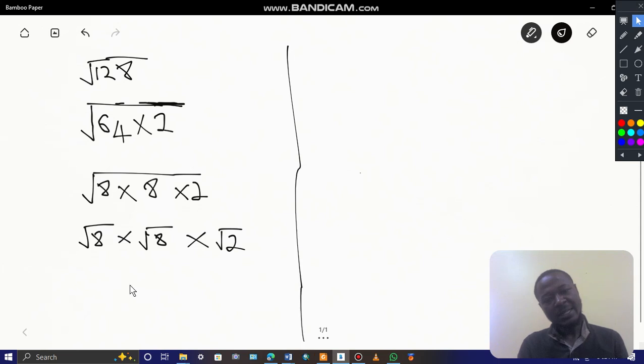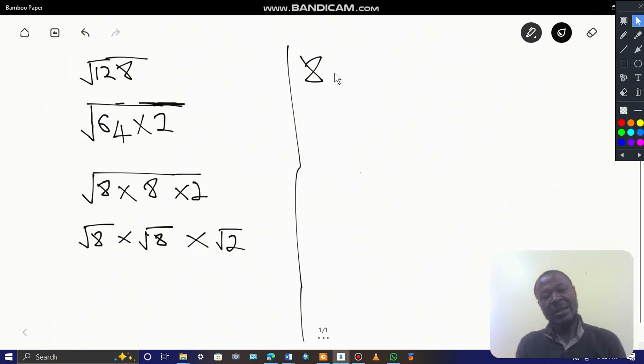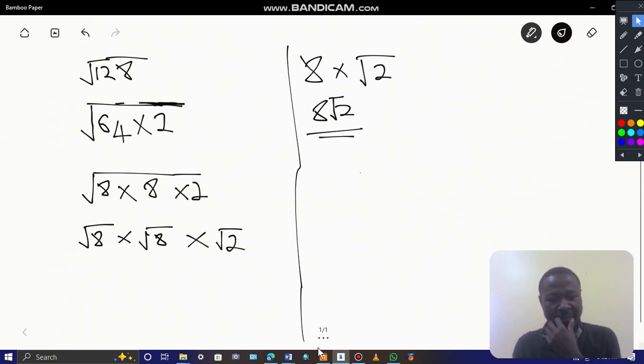From there, root 8 times root 8 is 8, according to the rules of surds. When the numbers under the square root are the same, the number just comes out. Or in simple terms, the square root of 64 is 8. And then 8 times the square root of 2, the result will be 8 root 2. It means you have simplified the square root of 128.